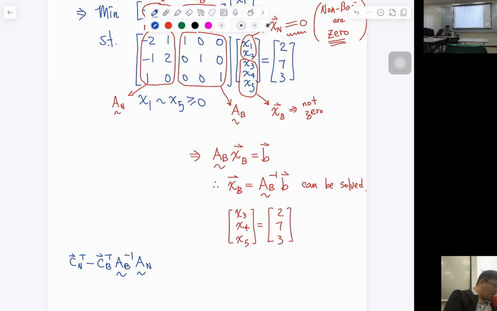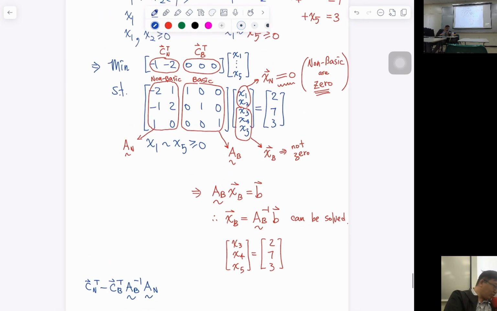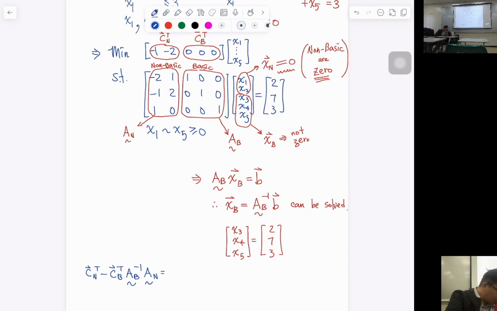So what is my xn transpose? Now it is -1, -2. What is my xb? 0, 0, 0. What is my ab? 1, 1, 1. Remember, this one needs a transpose. What is my an?